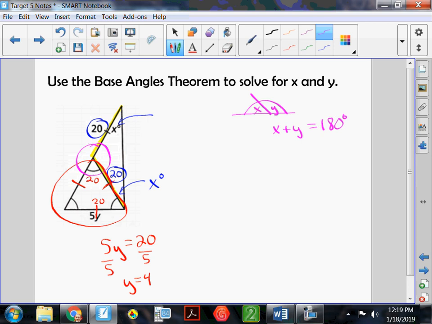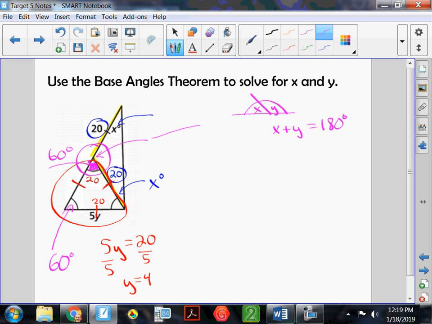The angle that I have from the equilateral triangle and the vertex angle of the isosceles triangle form a linear pair. Well, every angle in an equilateral triangle is equal to 60 degrees because 60 times 3 will give you 180. So this part of my linear pair is 60 degrees.